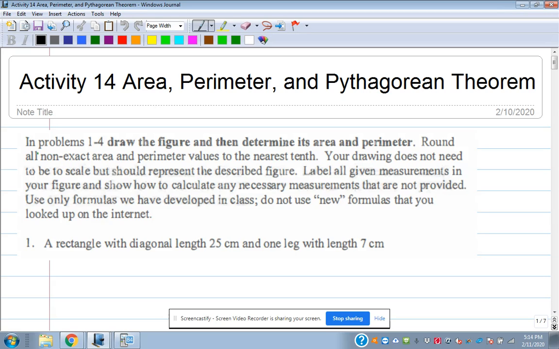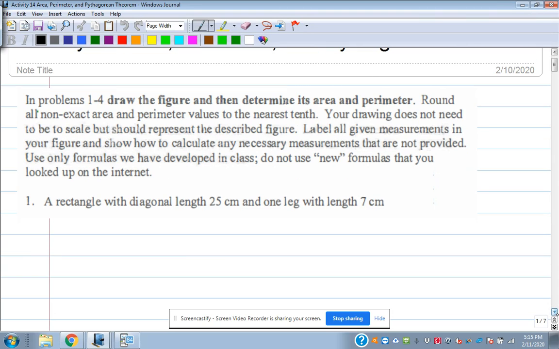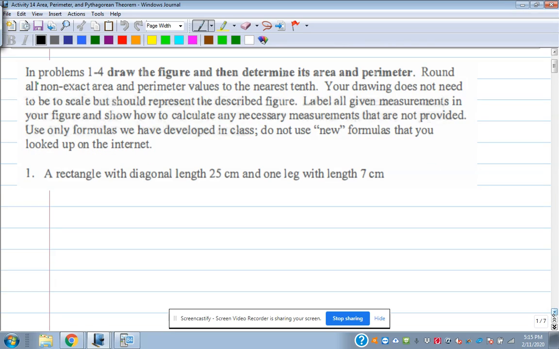All right, so again, it says we don't have to draw it to scale. So when it says the diagonal length is 25 centimeters, we don't have to stretch out 25 centimeters and draw that picture. We know it's a rectangle, right? So we're just going to label the spots that need to be the right length. For number 1, it says draw a rectangle with a diagonal length of 25 and one leg length of 7.